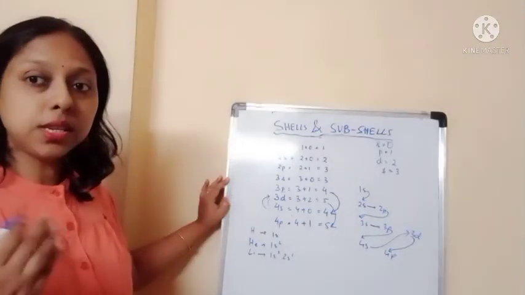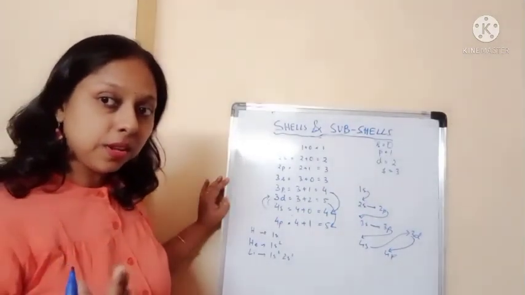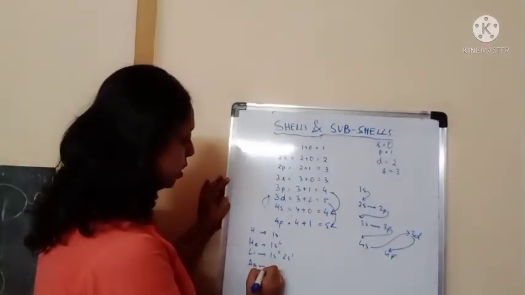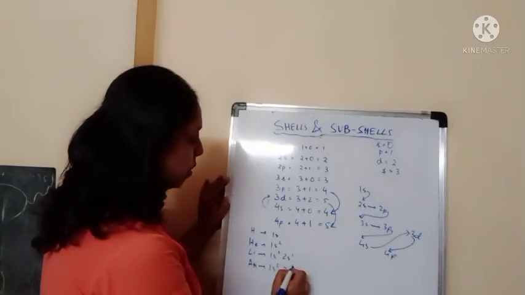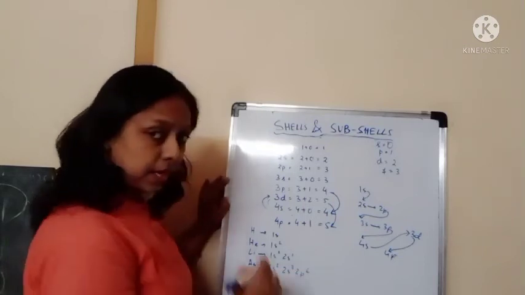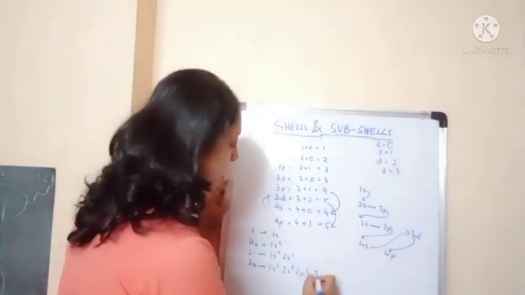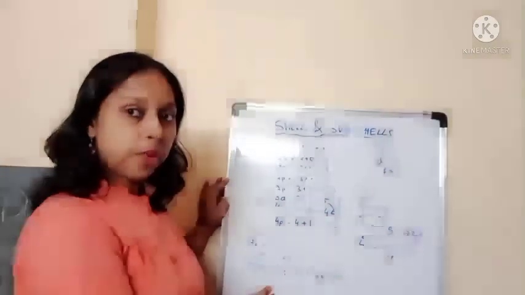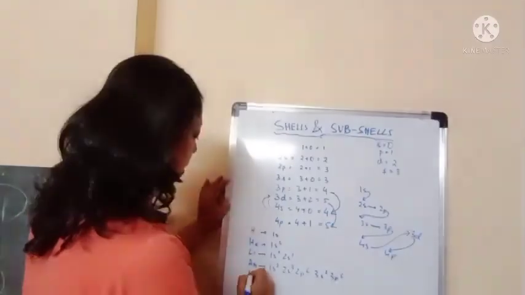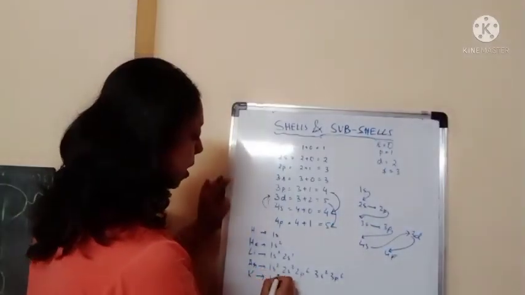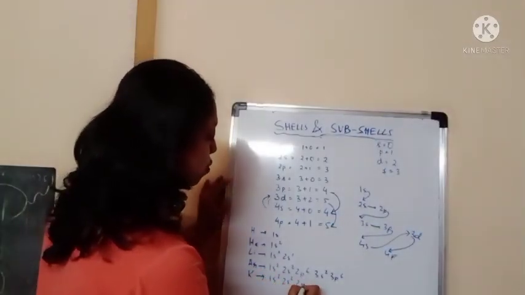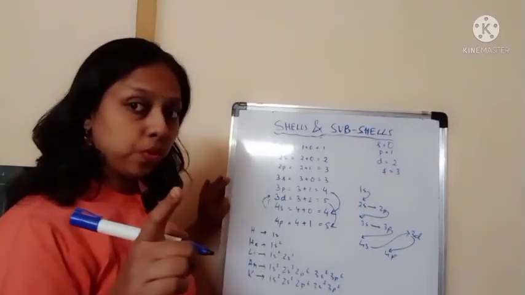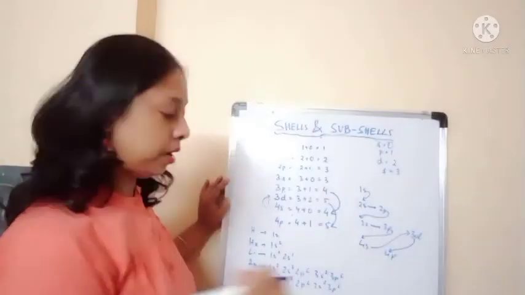Okay, so this is how we should write the electronic configuration. So for argon, it will be 1s2, 2s2, 2p6, then 3s2, 3p6. So it is all filled orbitals. Now when you go to potassium, it will be 1s2, 2s2, 2p6, 3s2, 3p6. No, not 3d1. It will be your 4s1.